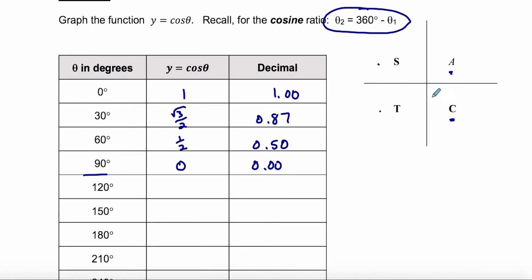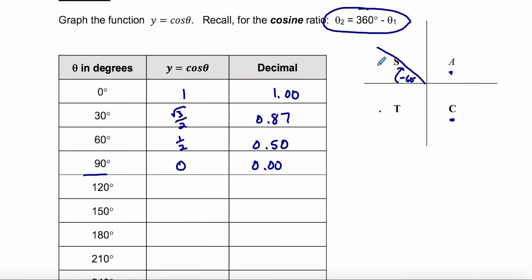120 degrees, if we think about where 120 degrees is, would be over here. So if we imagine going in a negative 60 degree direction, we'd have 120 degrees.